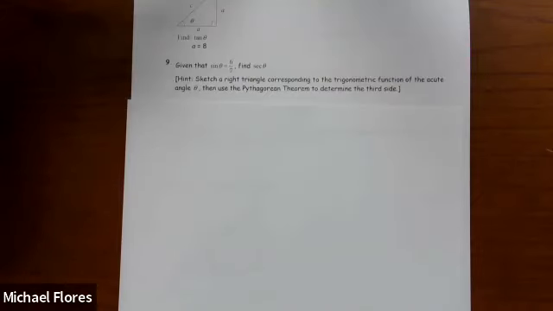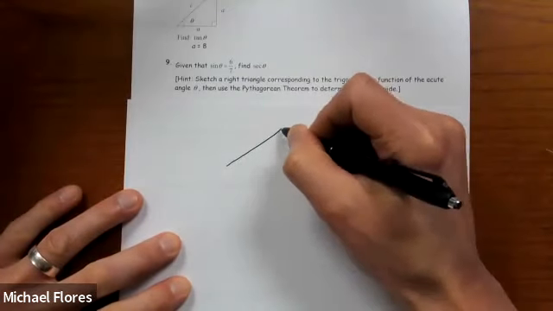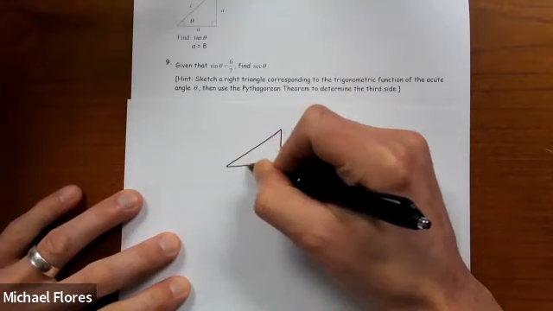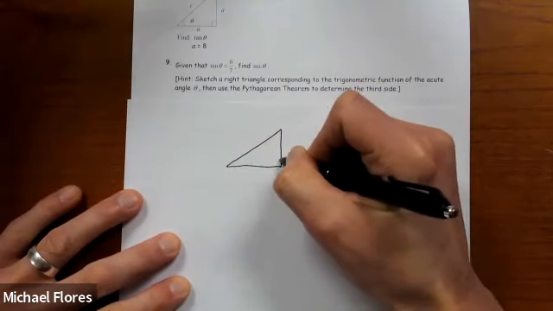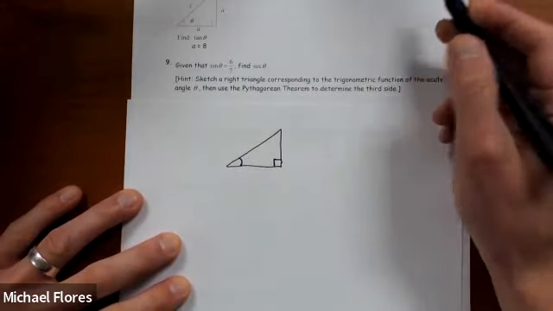Example 9, given that sine of theta is equal to 6/7, find secant of theta. Hence, sketch a right triangle corresponding to the trigonometric function of the acute angle theta, then use Pythagorean theorem to determine the third side. Here's angle theta.